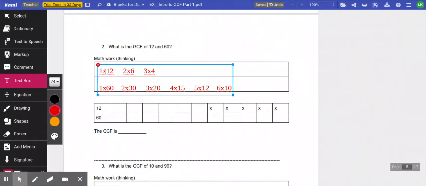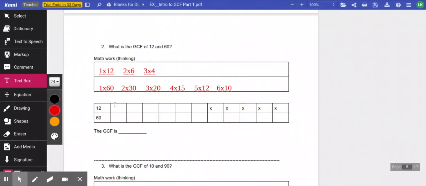So you should have gotten 1 times 12, 2 times 6, and 3 times 4 as factors of 12. So that's 1, 12, 2, 6, 3, and 4. You also should have gotten 1 times 60, 2 times 30, 3 times 20, 4 times 15, 5 times 12, and 6 times 10. Those are all the ways to make 60.